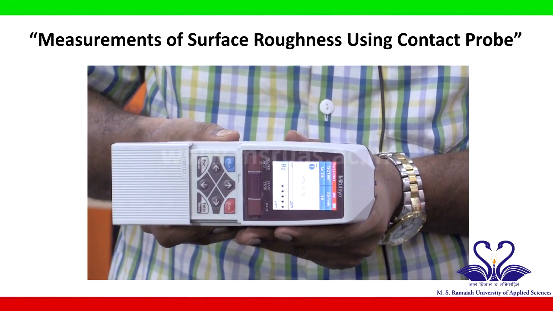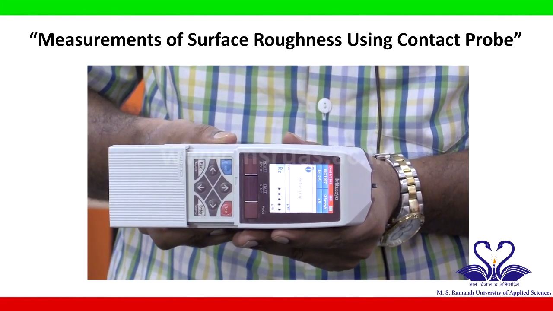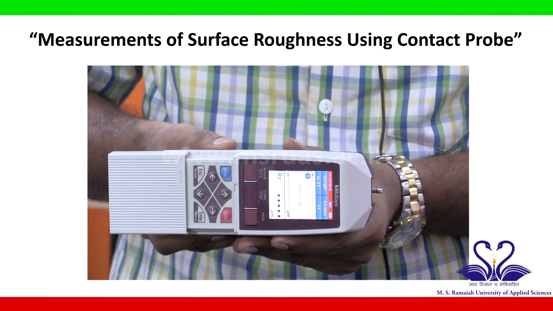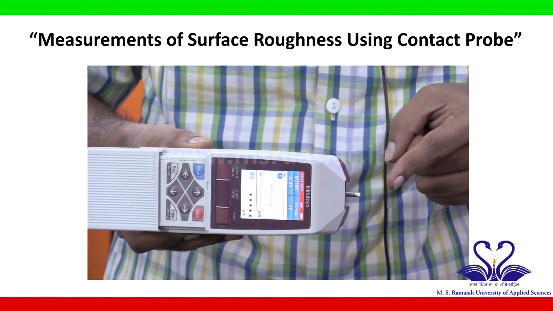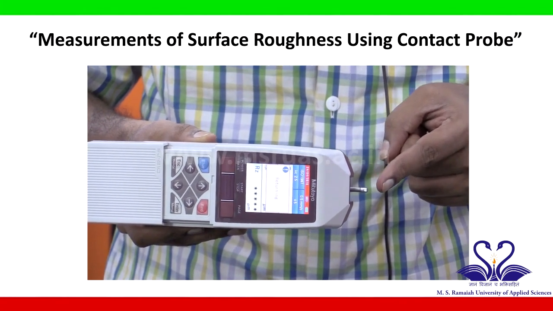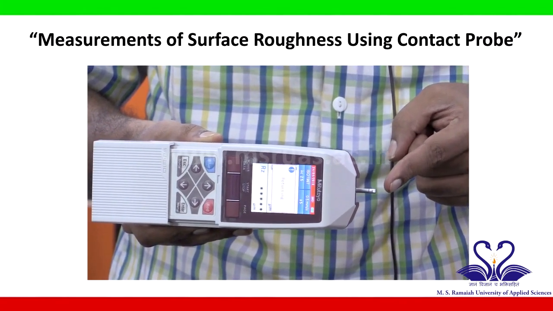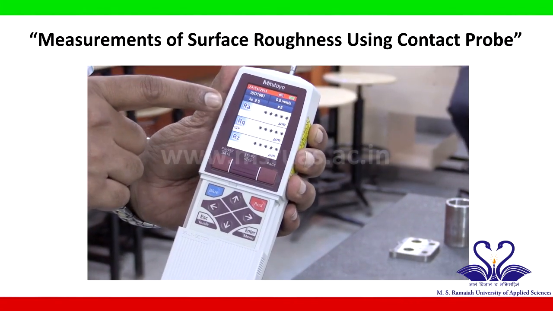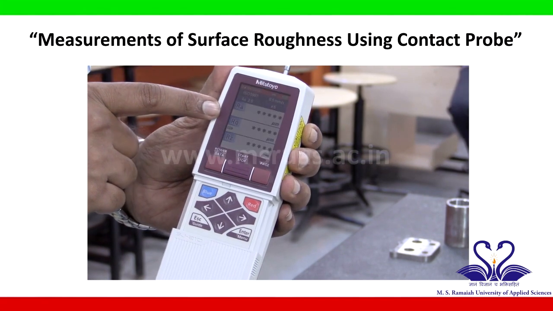Now one can observe the detector probe coming out from the drive unit. This is the home screen. You can see RA, RQ, RZ.